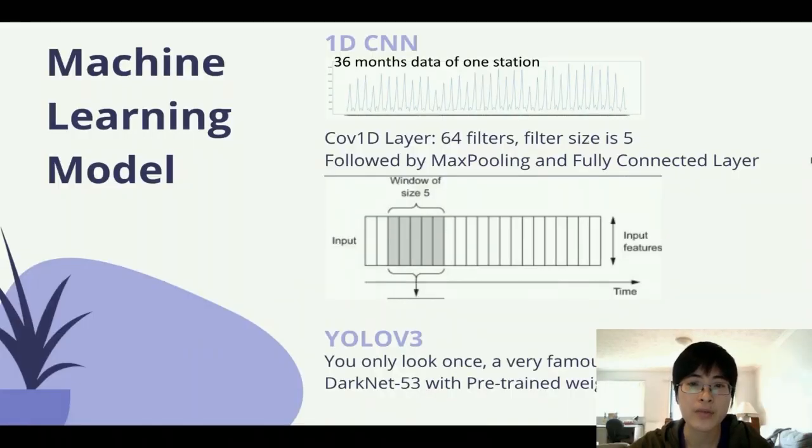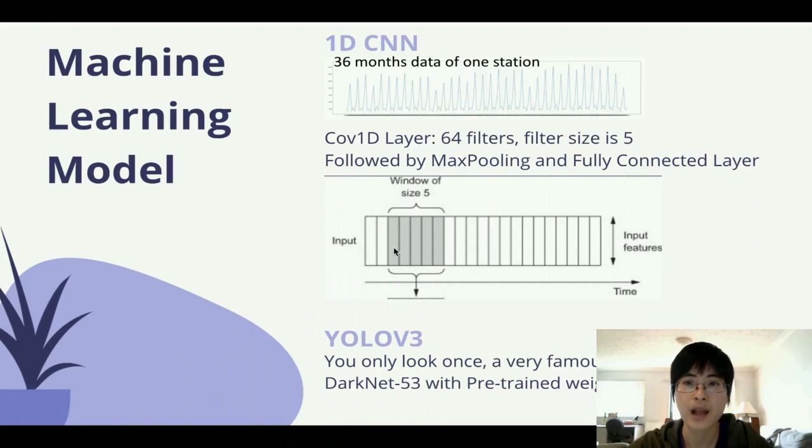Now let me briefly explain the techniques behind the scene. As I mentioned, I use a simple convolutional neural network. A single 1D CNN is applied on the historical data to abstract the pattern of this time series. And in this convolutional layer, there are 64 filters.